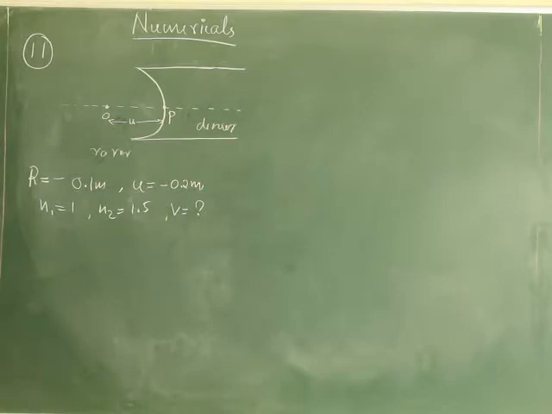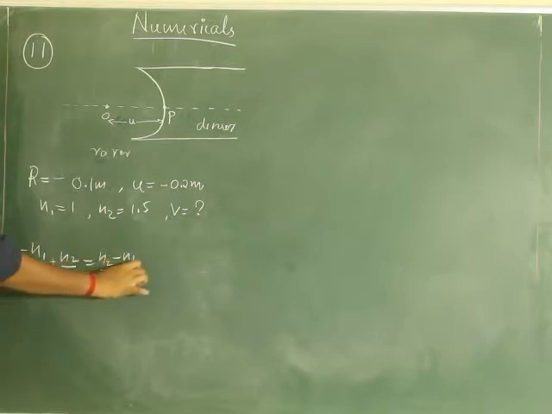So we know the spherical refracting surface formula. That is minus n1 by u plus n2 by v equal to n2 minus n1 divided by r.